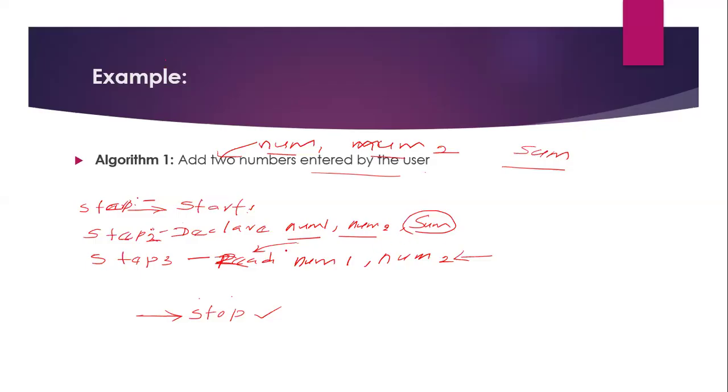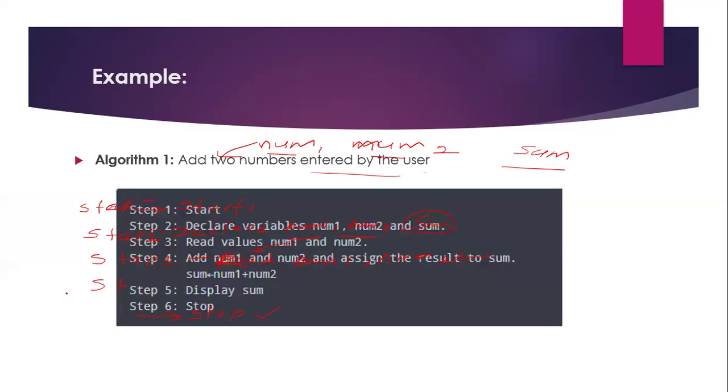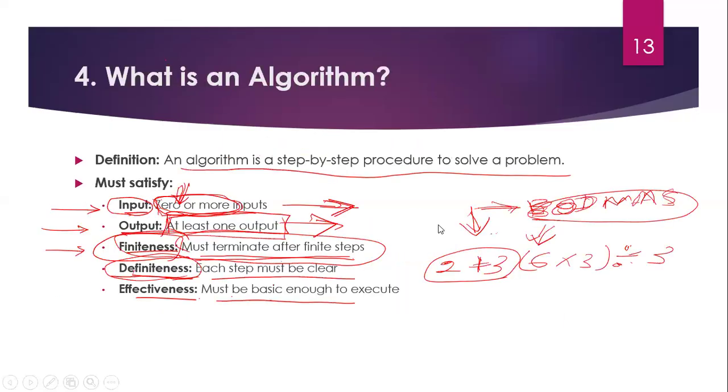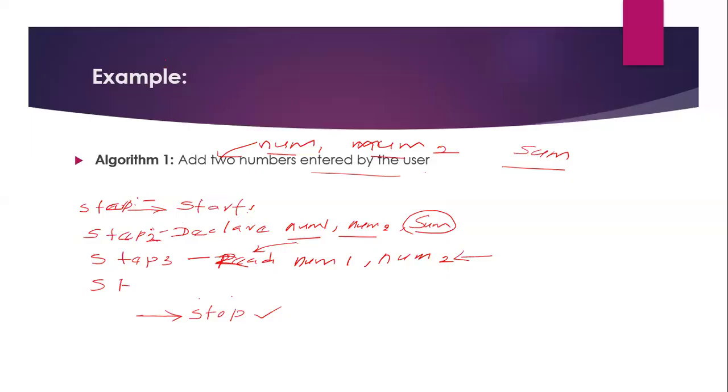So in step 4, now I have read the values of number 1 and number 2. I have to assign the summation of number 1 and number 2 to this sum.